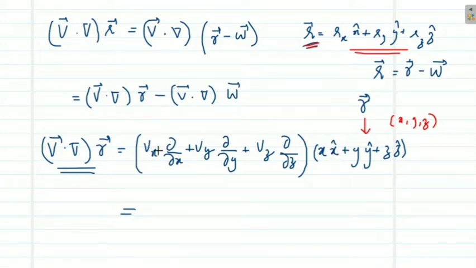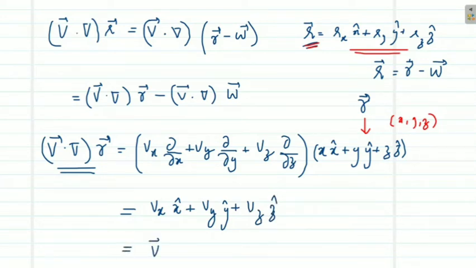What will be that? That will be simply vx into dou x by dou x, which is 1, into x cap. Then the rest of the terms will be 0 because dou y by dou x is 0 and dou z by dou x is 0. Then vy into y cap and vz into z cap. So this term is simply vector v bar: vx x cap plus vy y cap plus vz z cap is v bar.